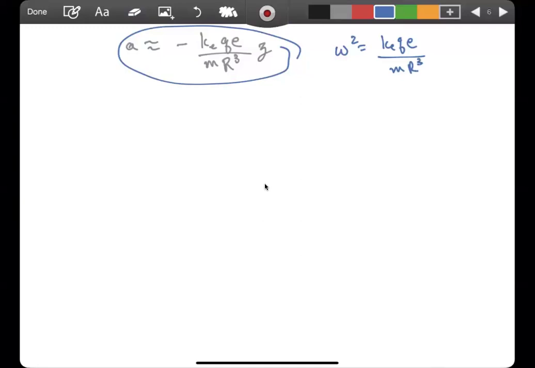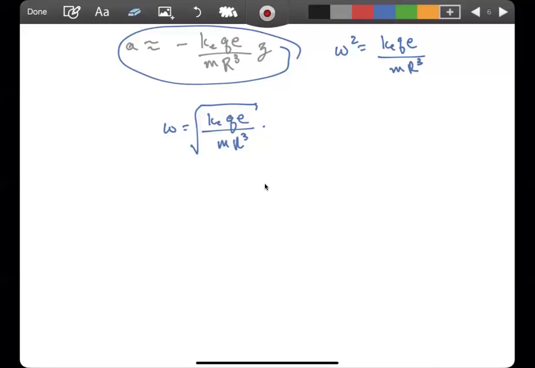Square rooting both sides, this tells me that omega, the angular frequency, is the square root of the electric constant times the charge of the ring times the charge of the electron, divided by the mass of the electron times the radius of the ring cubed. So this is our angular frequency of the electron oscillating back and forth along the axis of this particular ring.